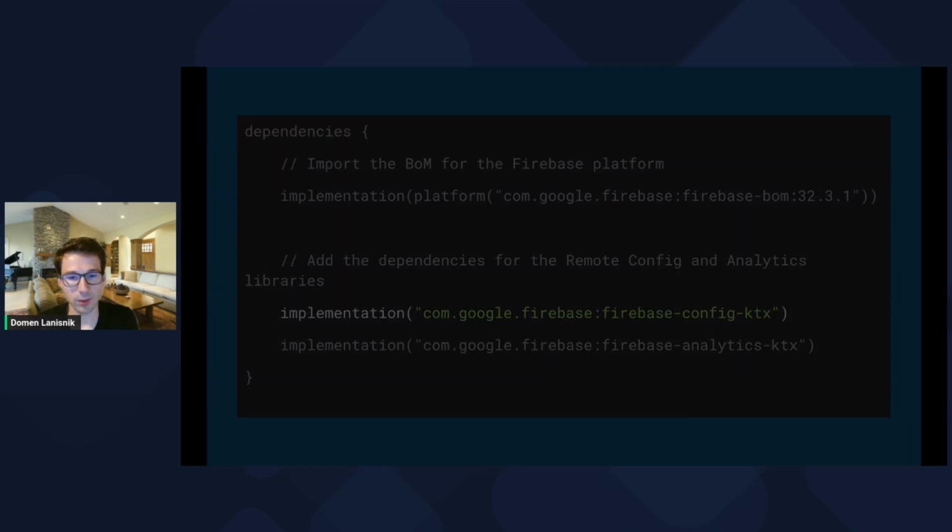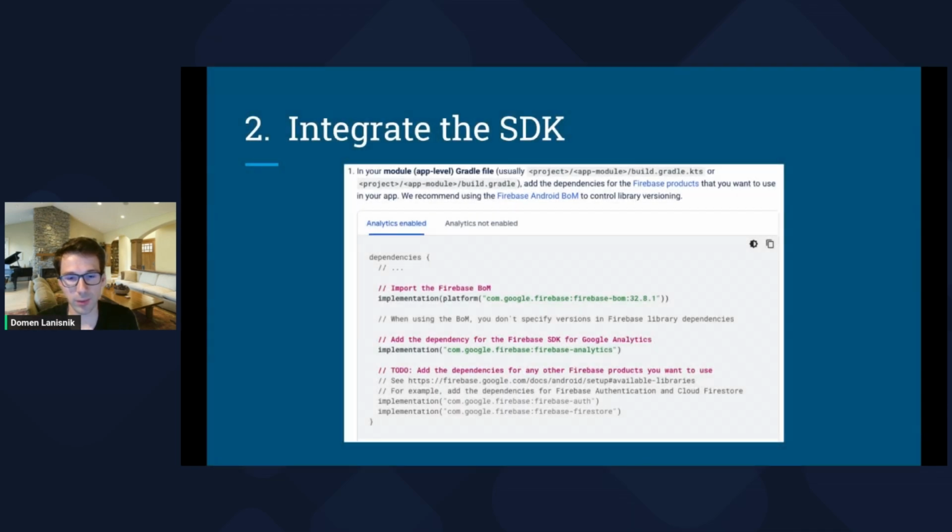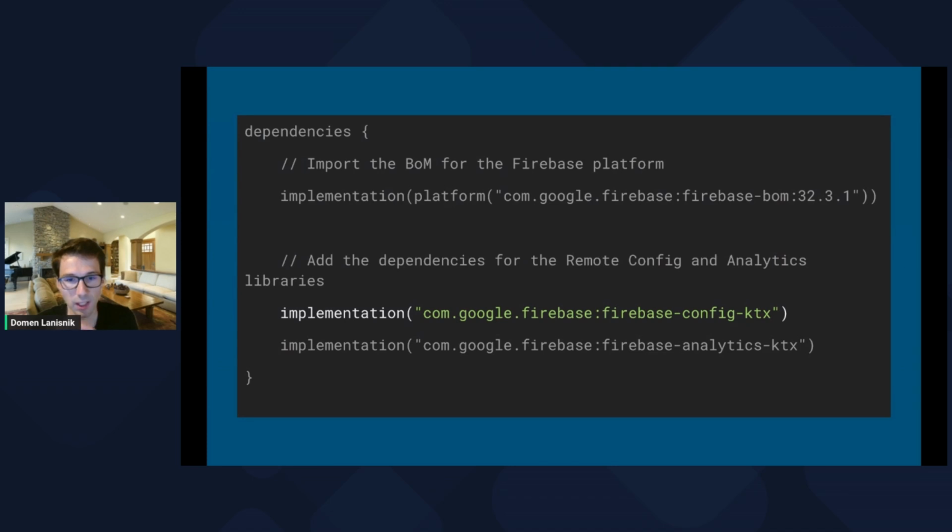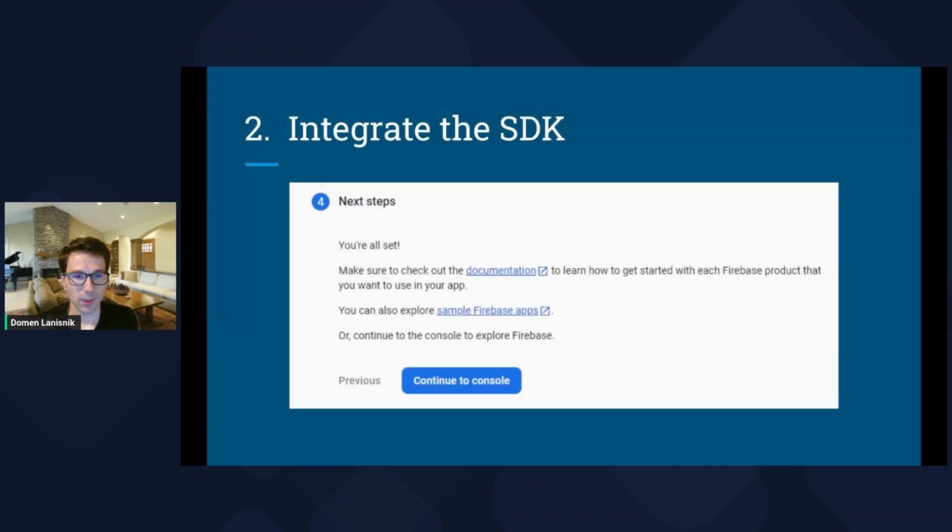And what you will need if you want to do A/B experiments and you've enabled Google Analytics is also the Firebase Analytics dependency. And then if you want to use Kotlin extensions, you will also need to add this dependency for Firebase config KTX. Cool. So once you have all of this set up, it means that Firebase is integrated into your app and you're ready to get started with feature flags.